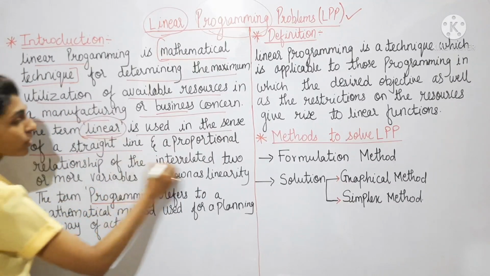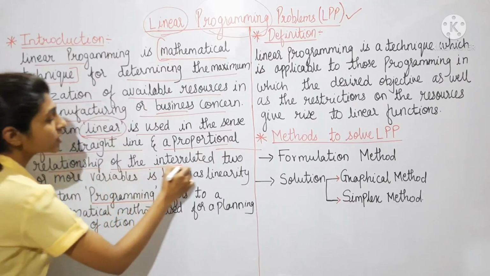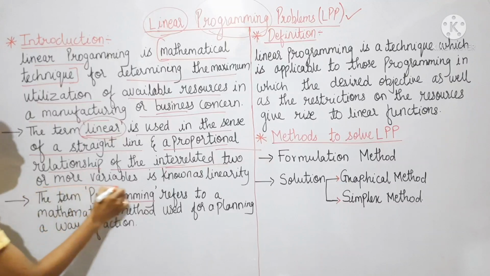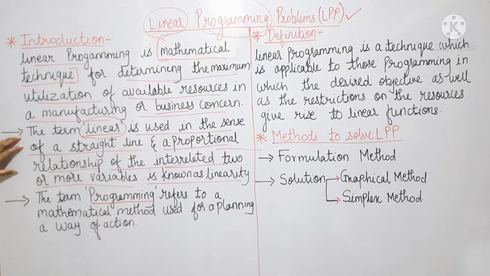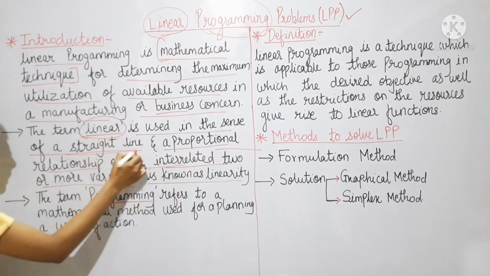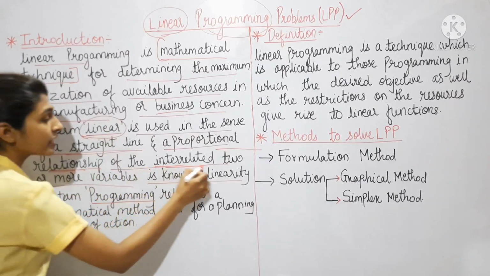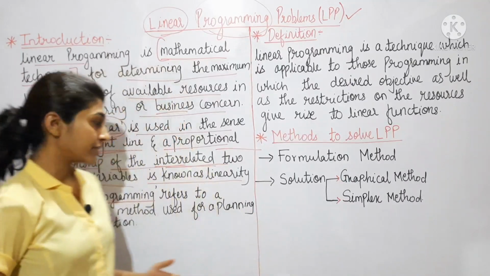Linear means a straight line and a proportional relationship of the interrelated two or more variables, which is known as linearity.